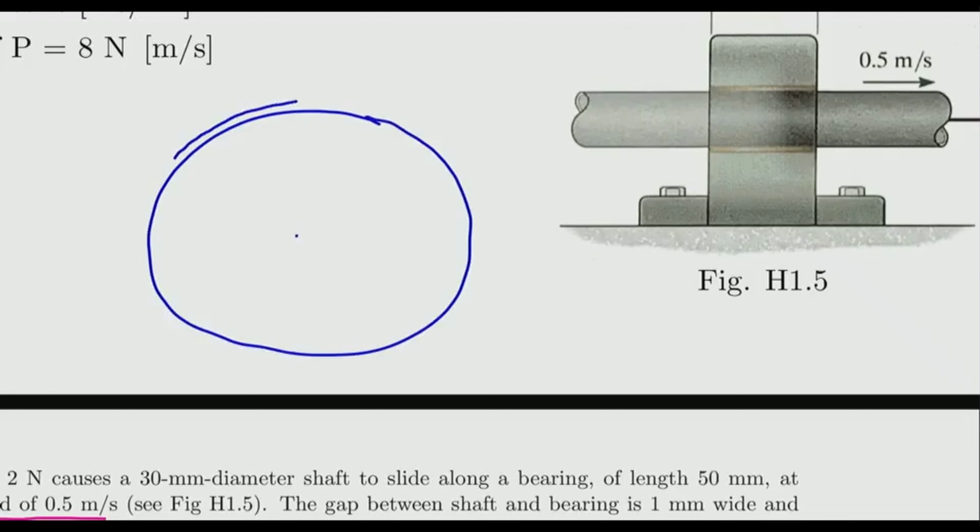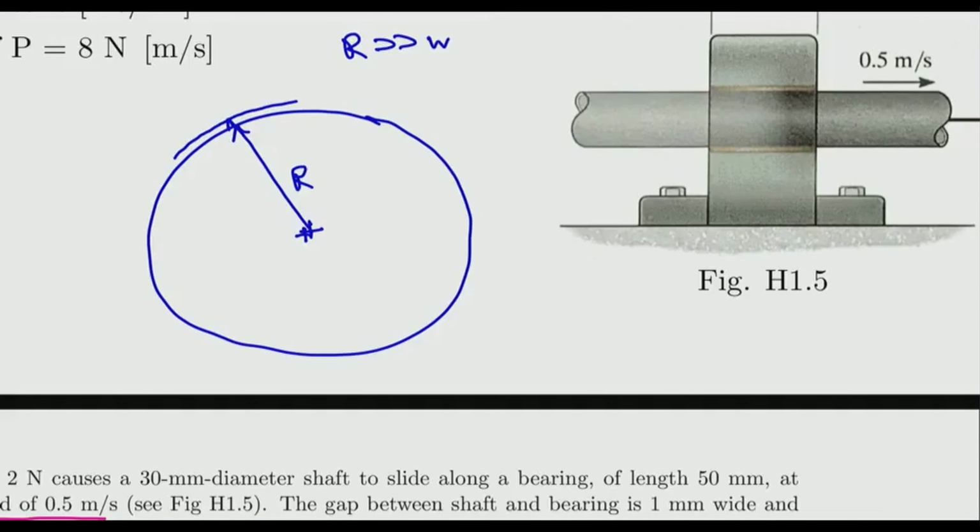So basically, the way one does the overall analysis is that this radius of curvature is much larger than this gap width. We can call it W. So that assumption leads to the following.